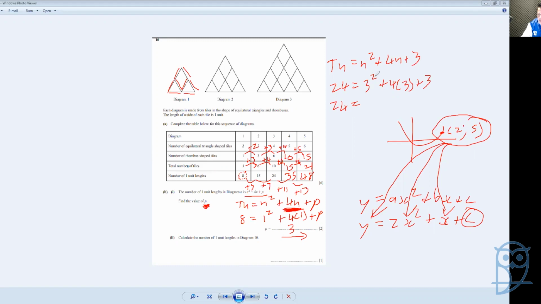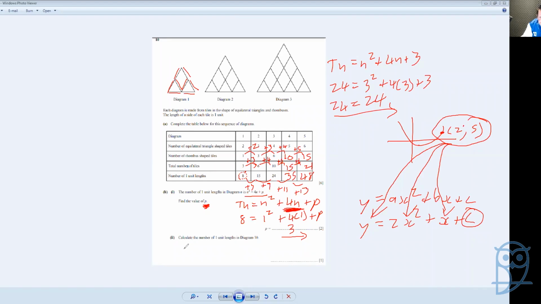So 3 squared is 9, 4 by 3 is 12, so 9 plus 12 is 21, plus 3 is 24. Indeed, this formula does give me the 24 that I'm looking for. And you can test any of the other ones as well if you want, but we can see that P does equal 3.